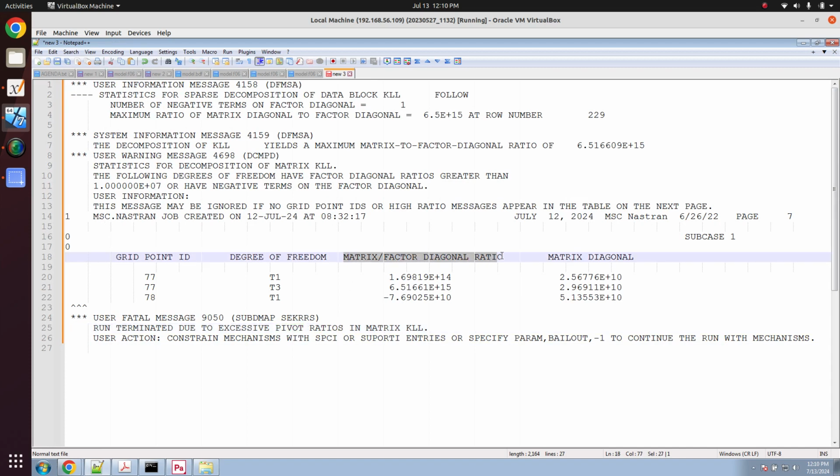Specifically, let's talk about this matrix factor diagonal ratio. This comes up a lot when you have this UFM 9050. Here, factor diagonal, max ratio of matrix diagonal to factor diagonal. It comes up so much, and now we have to ask ourselves, what is this term?